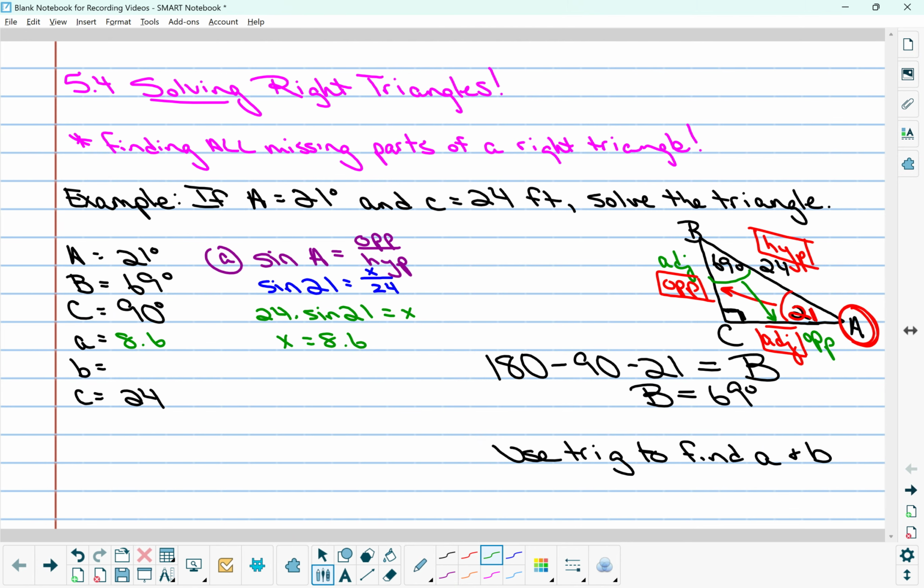And then I have to do another trig function to find b. So to find b, I'm now going to go, I need to find this guy, right? I'm going to use adjacent and hypotenuse, and that is my cosine. So cosine of A is adjacent over hypotenuse.